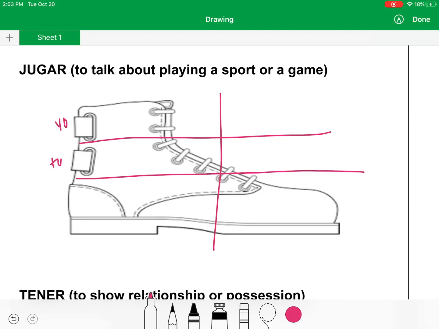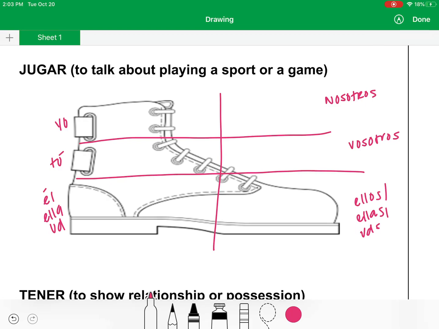Okay, you've got yo, tú, él, ella, usted, nosotros, vosotros, ellos, ellas, ustedes. Okay, so here's our table.